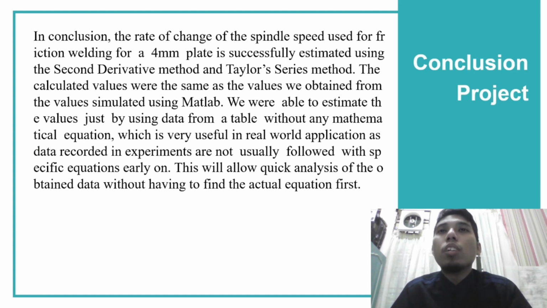We were able to estimate the values just by using the data in the table without any mathematical equation, which is very useful in real-world applications, as data recorded in experiments are usually not accompanied by specific equations early on, and the equations are only obtained later in the experiments. So this estimation method allows quick analysis of the obtained data without having to find the actual equation first. And that is all from us.